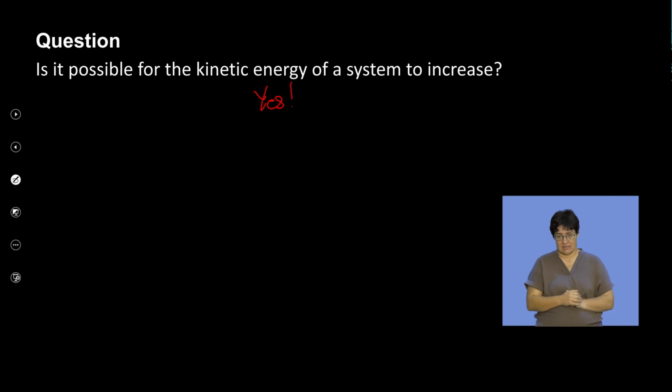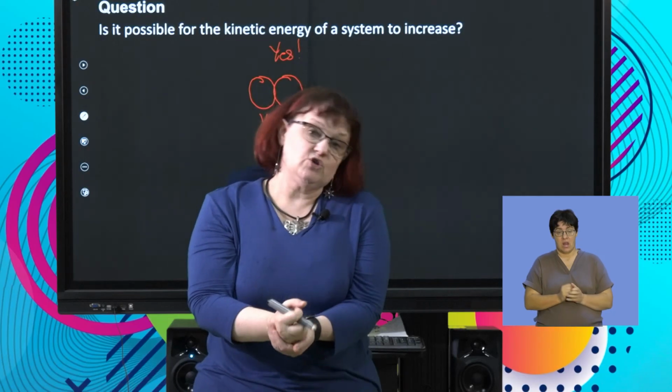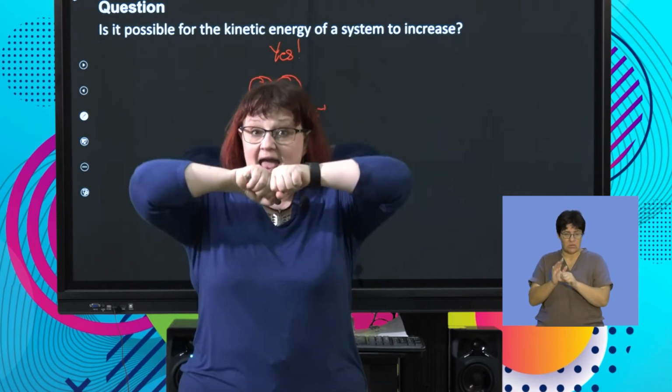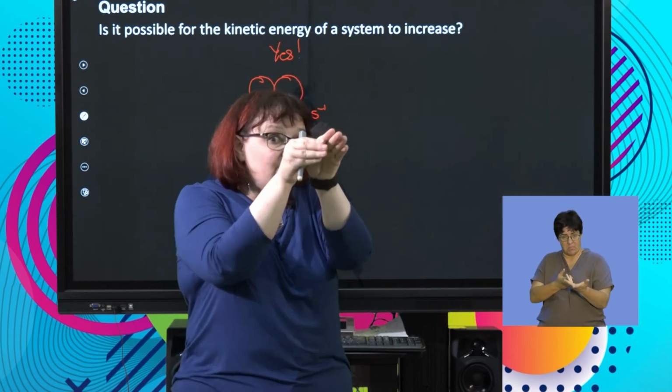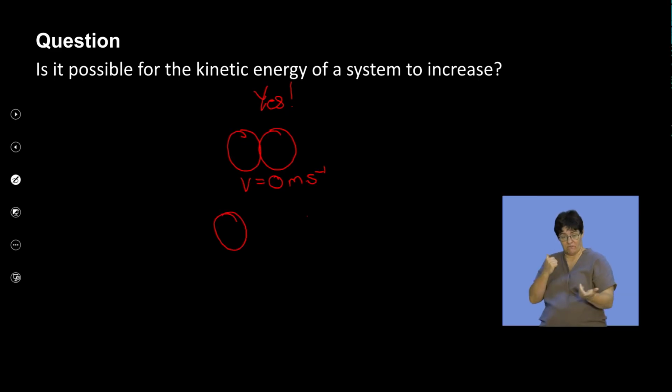okay? If we have two objects that are together, so they're stationary together, this initial velocity is 0. So at the moment, this system has no kinetic energy. If I now exert a force on them, so say I push down on them or there's a spring between them, and I let that go, and now the two objects go off in a different direction, so they split.